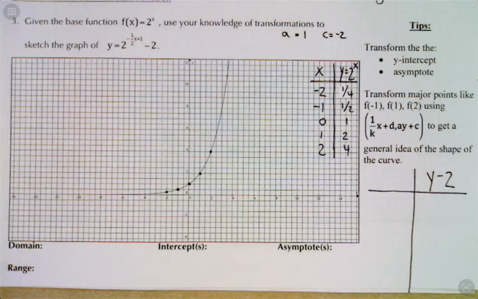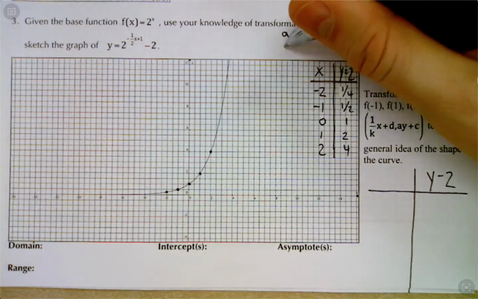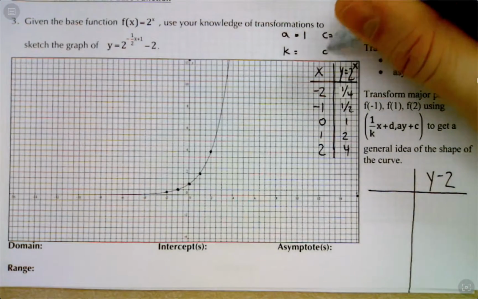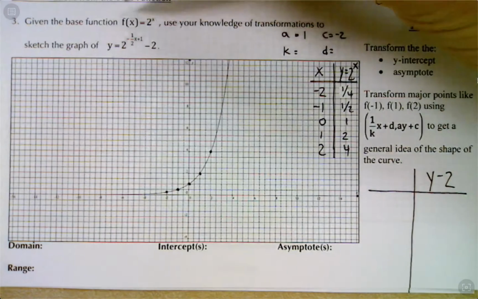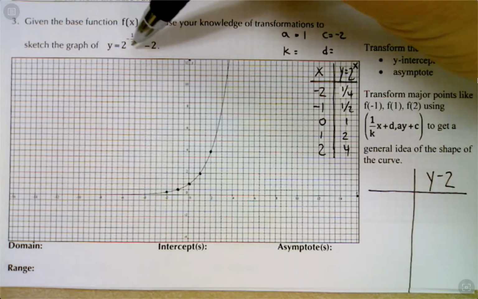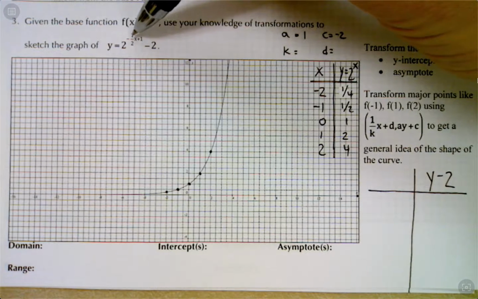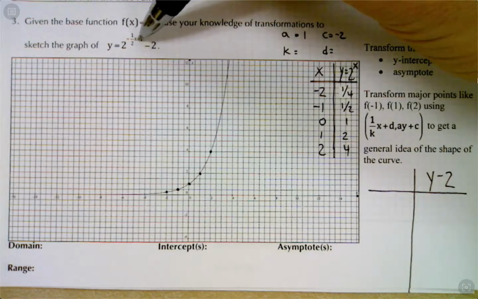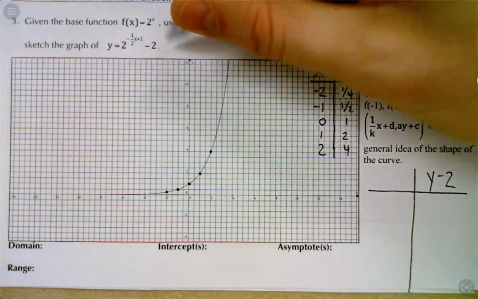Now, k and d, we need to be careful. To get k, we need to make sure that k is common factored from around our x. So if you see a number and then a bracket, then x, it means it's been common factored. If you don't see that bracket, it means you need to common factor it.